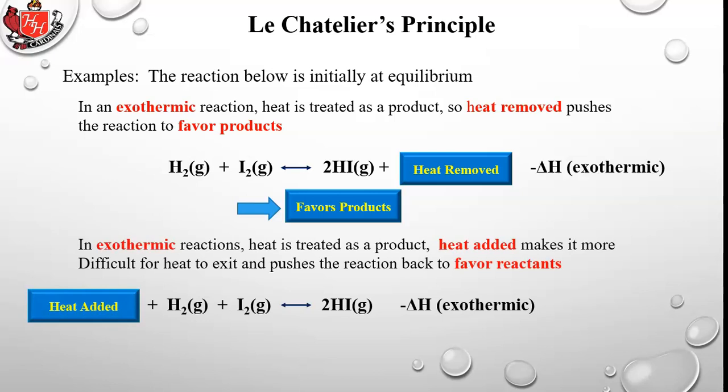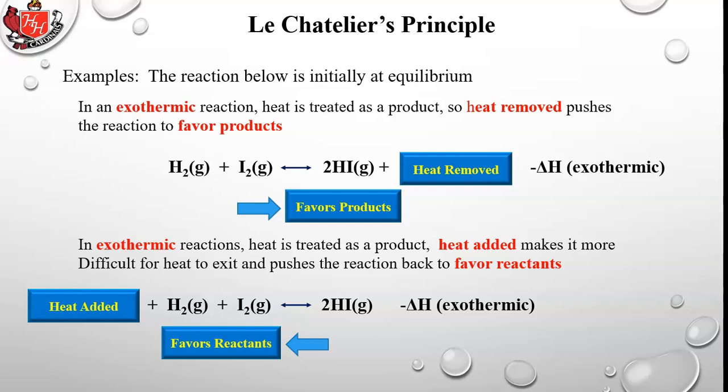In exothermic reactions, heat is treated as a product. If heat is added, heat added makes it more difficult for heat to exit and pushes the reaction back in favor of reactants. So again, heat is trying to get out. It's trying to escape an exothermic reaction, but you keep somehow shoving heat in.